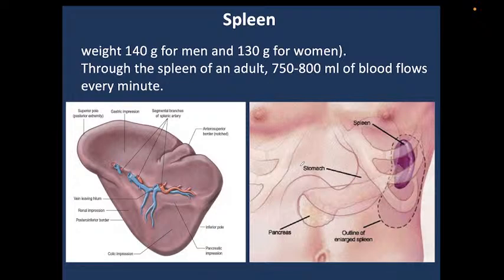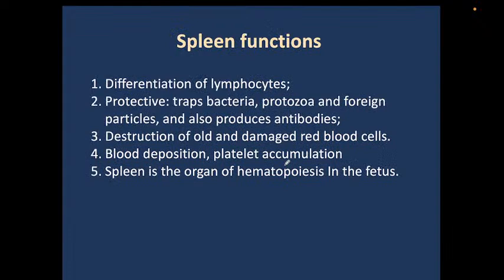Usually this organ has very good blood circulation. Every minute about 800 milliliters of blood pass through the spleen. It means this organ has very active circulation.